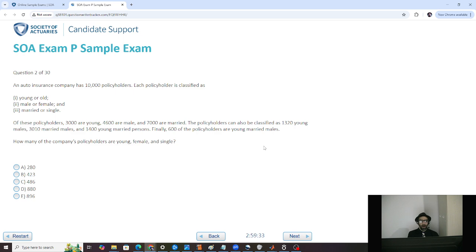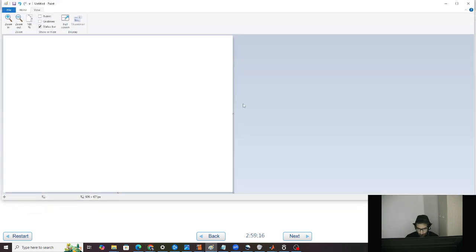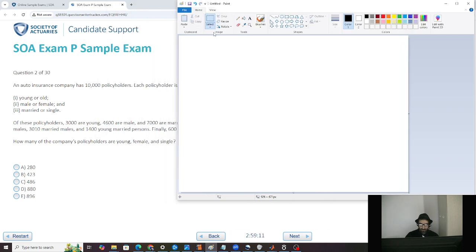Okay. An auto insurance company has 10,000 policyholders. Each is classified as young or old, male or female, married or single. They're giving these numbers and asking how many are young, female, and single. All right, Venn diagram, draw a circle.